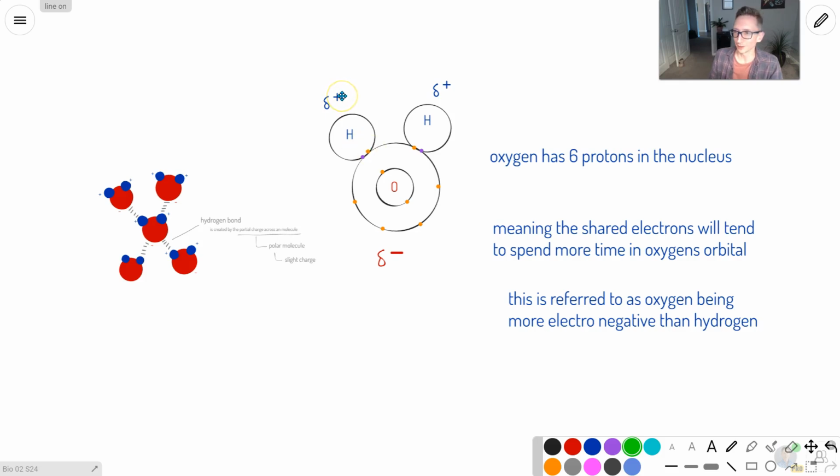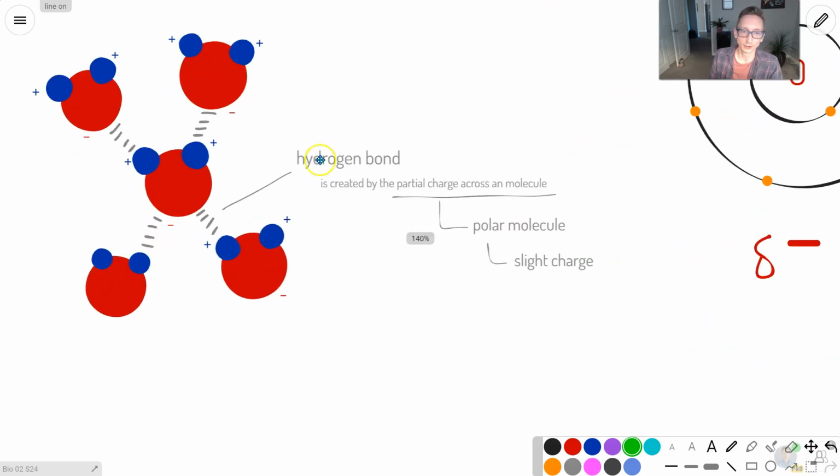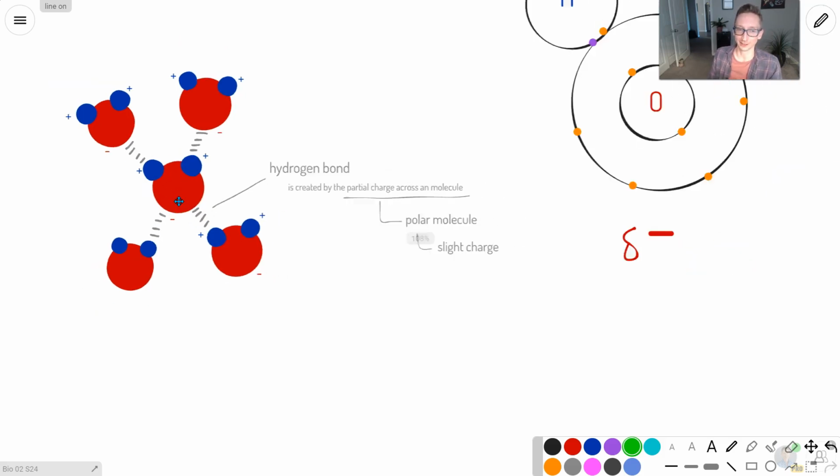So hydrogen's slightly positive. So if hydrogen interacts with something that is slightly negative, for example, oxygen, it'll create a hydrogen bond. It's created by the partial charge across the molecule, meaning that the hydrogens of one water molecule are attracted towards the oxygen of another molecule because the oxygen is slightly negative.